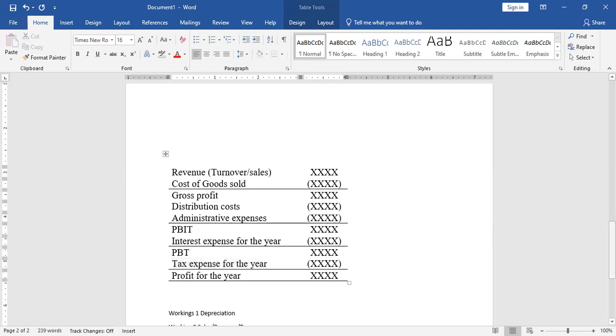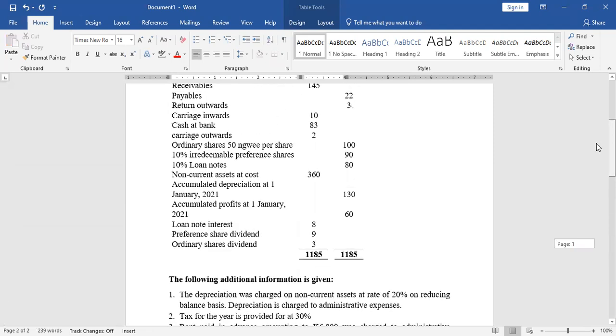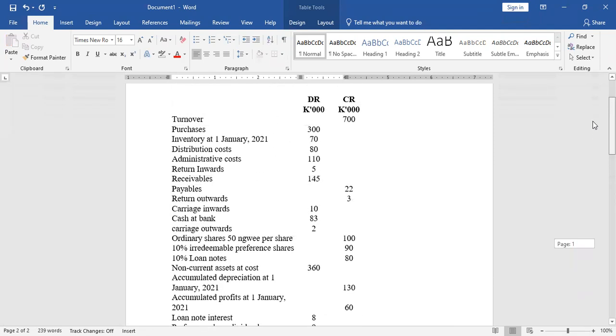Now, just to give a quick background: though we have the trial balance, what goes in the income statement is only expenses and income. Things like assets, liabilities and capital do not go in the income statement.